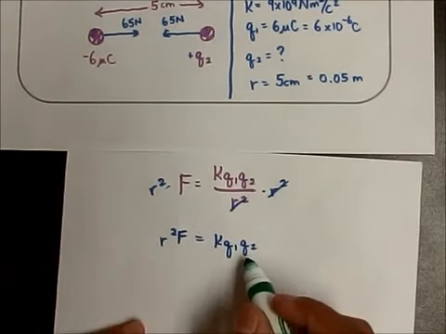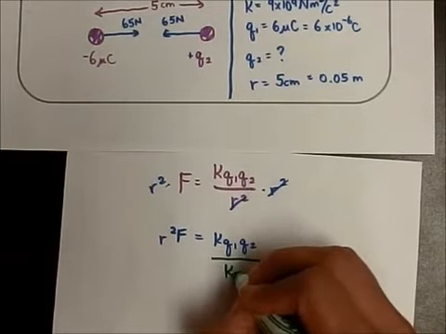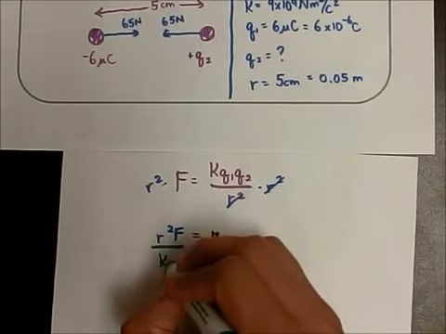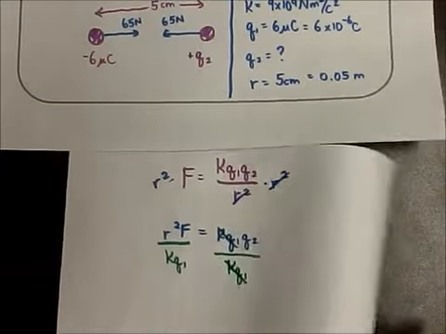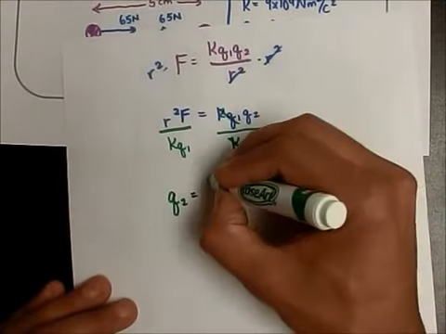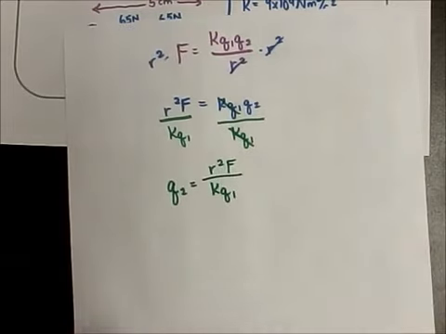Then, I'm still trying to get Q2 by itself, so I'm going to divide both sides by KQ1. That cancels it on this side. So then I'm left with Q2 equals r squared F over KQ1.